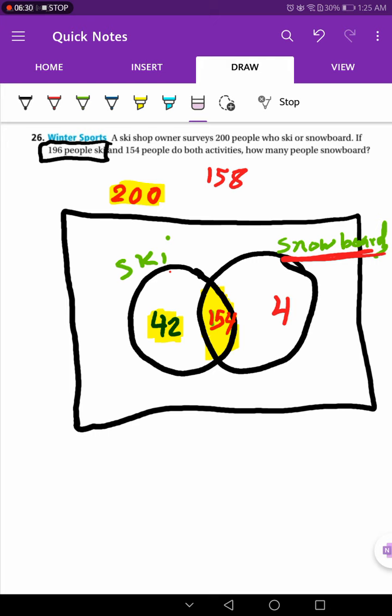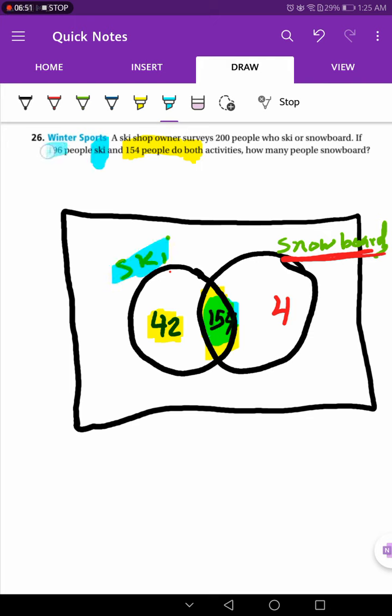We take the number that represents both. In your question, you look for both, and you see which number represents both and put it in the middle here. The second step, what is the given? He gives me the ski.